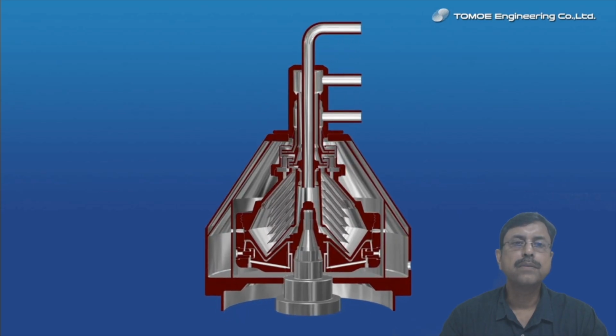This is the cross section of the disk type. The slurry enters from the top.